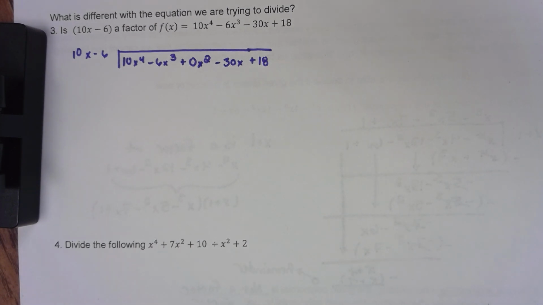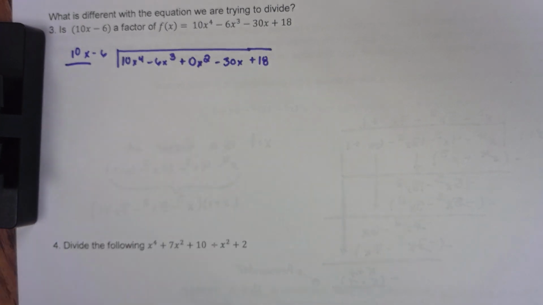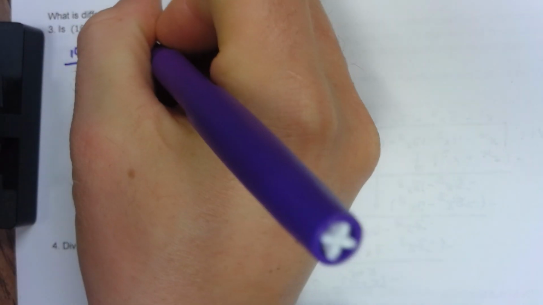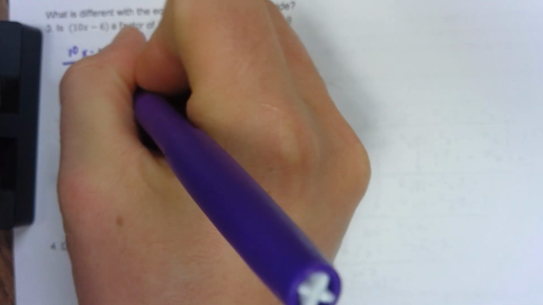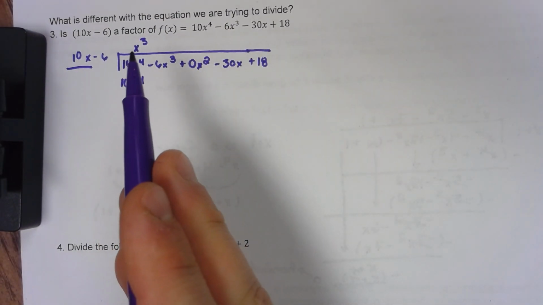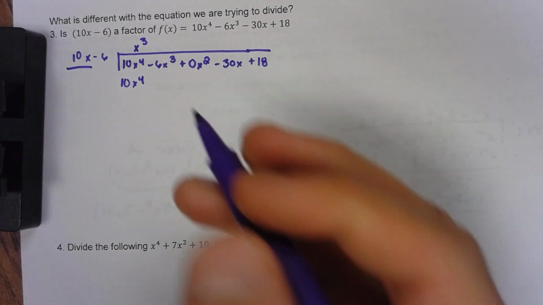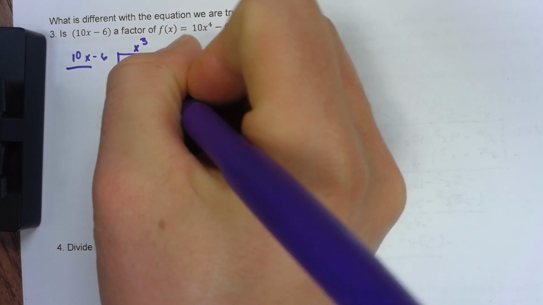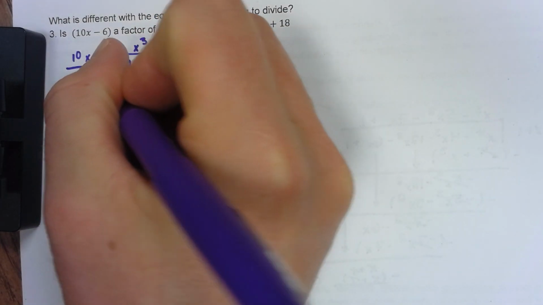So we're thinking about 10x times what gives me 10x to the power of 4. That would be x cubed. X cubed times that 10x is going to give me this 10x to the power of 4. And thus those will subtract away and they'll basically eliminate. Now this x cubed also multiplies to the negative 6, making this negative 6x cubed.